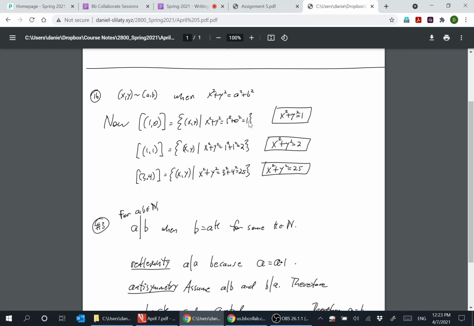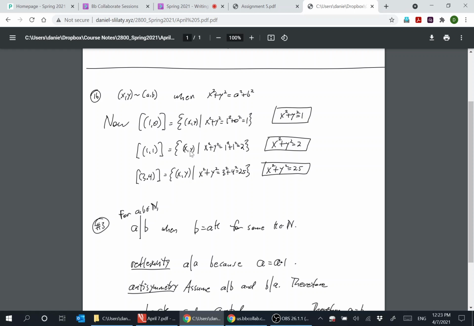For real numbers, of course, there's infinitely many. That's the unit circle, and the coordinates of those points are the sine and cosine of whatever angle we're talking about, but we're not talking about real numbers. We're talking about integers. So there's only a few points for integers that lie on that circle.